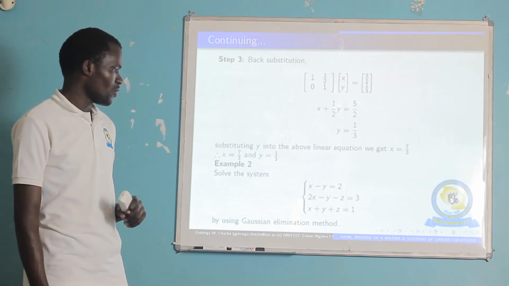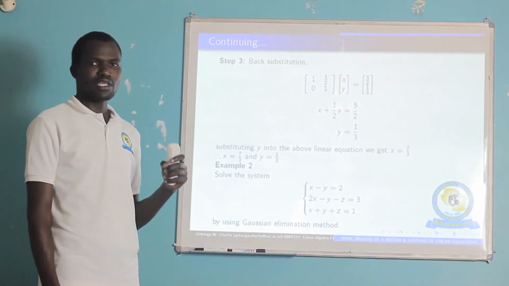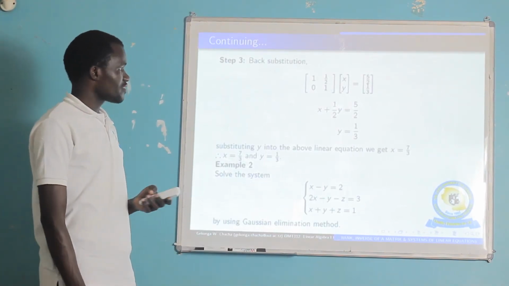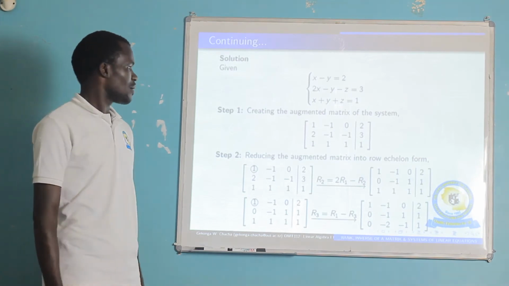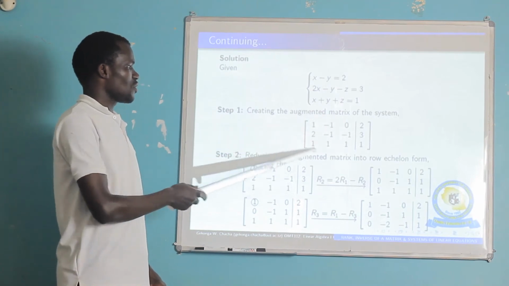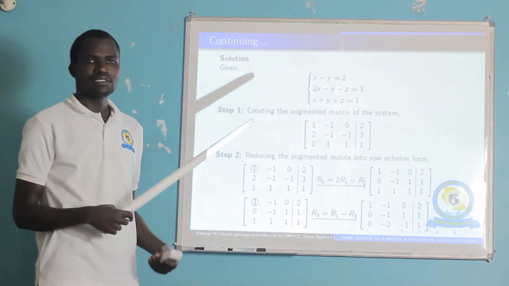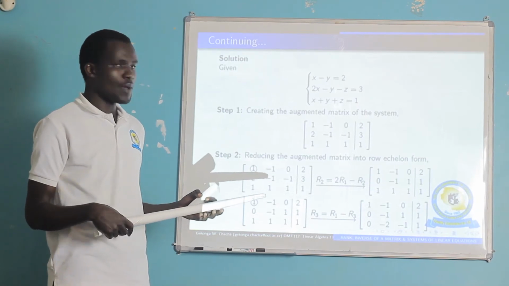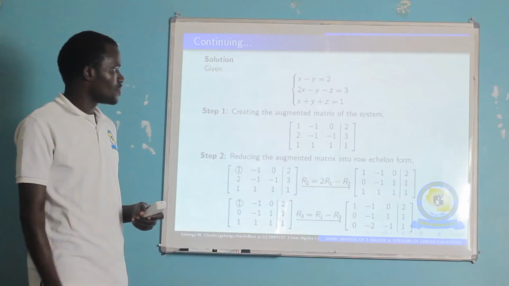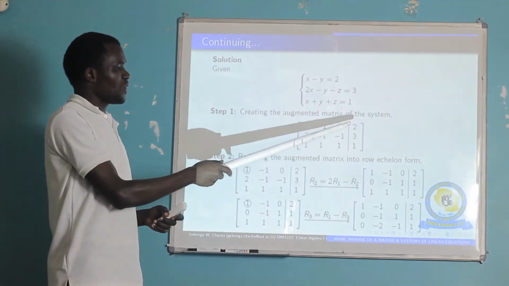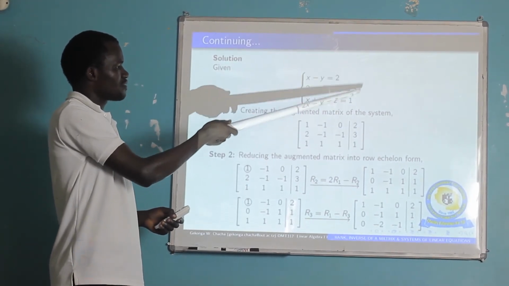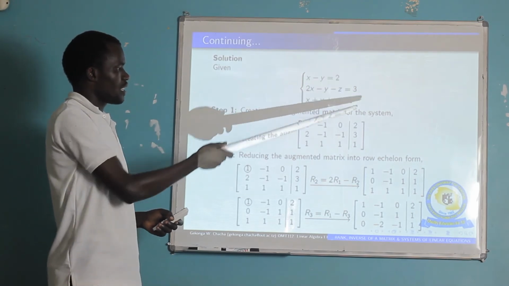So let's see another example, a system of linear equations with 3 equations and 3 unknowns. It is this one here. The same procedure is applied as in the first example, by creating an augmented matrix. This matrix is formed from the coefficients of the variables x, y, and z, and this vector appended here is formed from these constants, 2, 3, and 1.